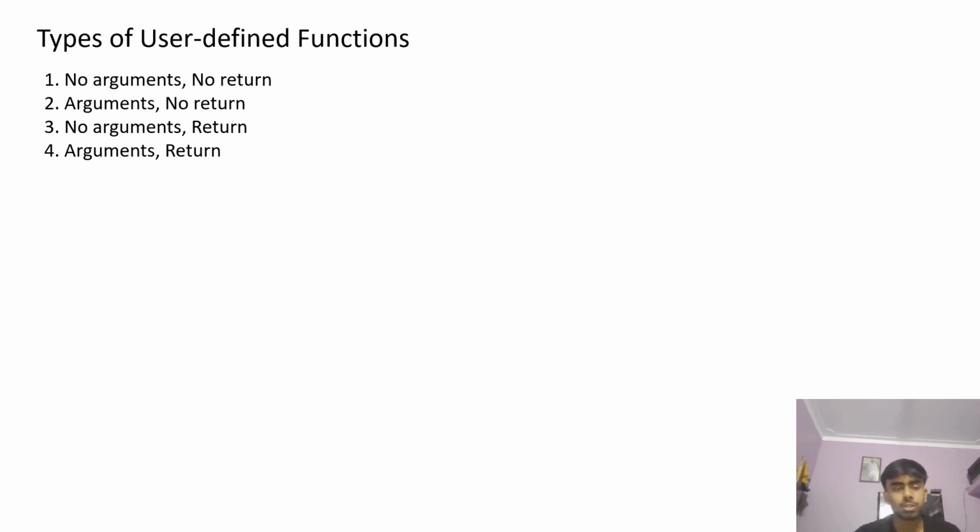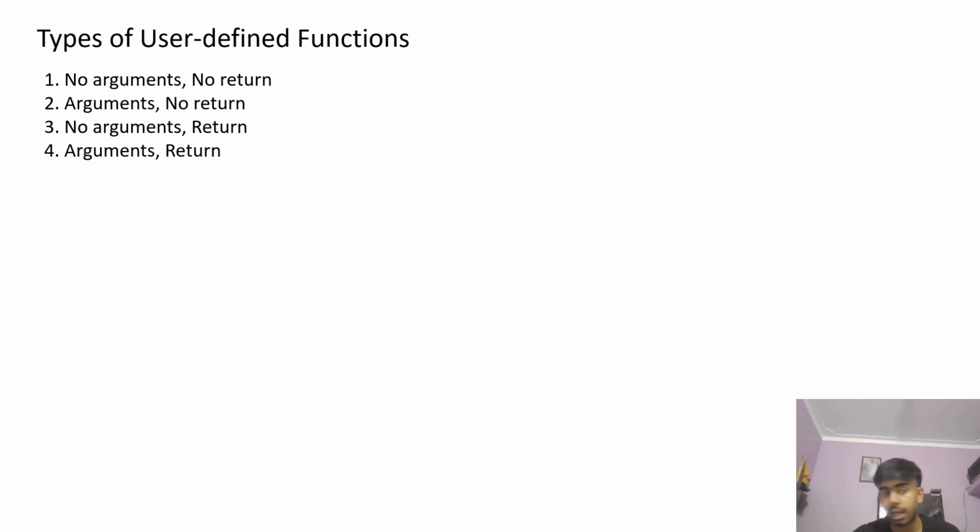Types of user-defined function. There are 4 types of user-defined function. Here are the 4 user-defined functions. No argument, no return. Type 1. Arguments and no return. No arguments and return.